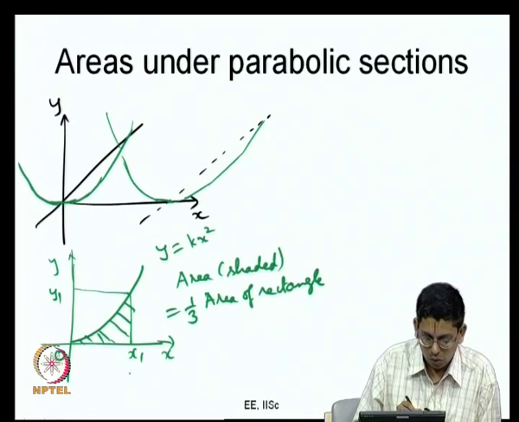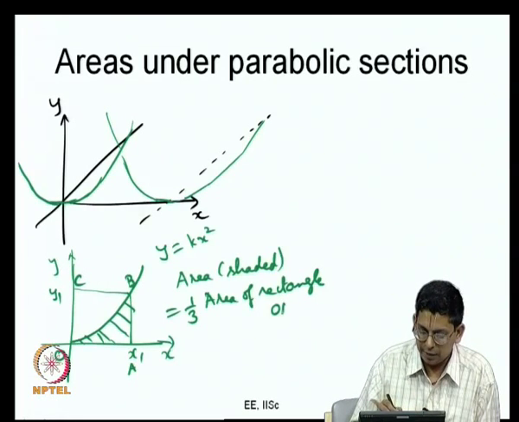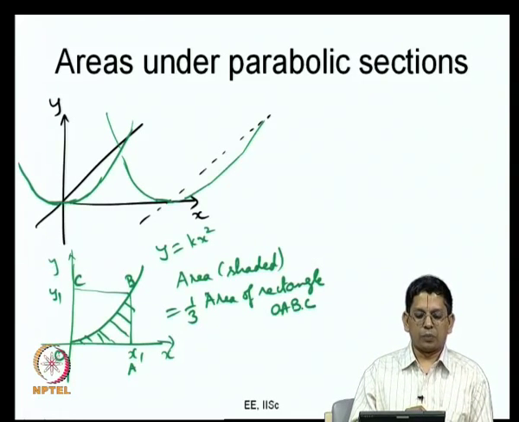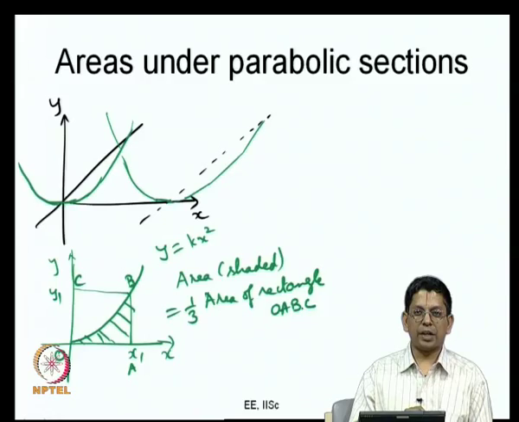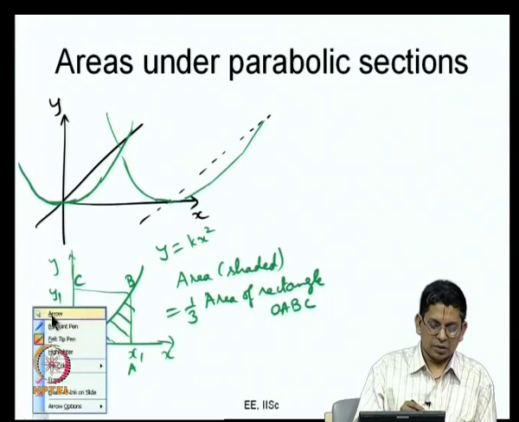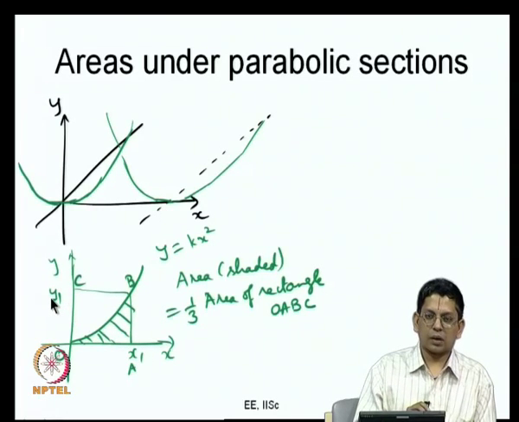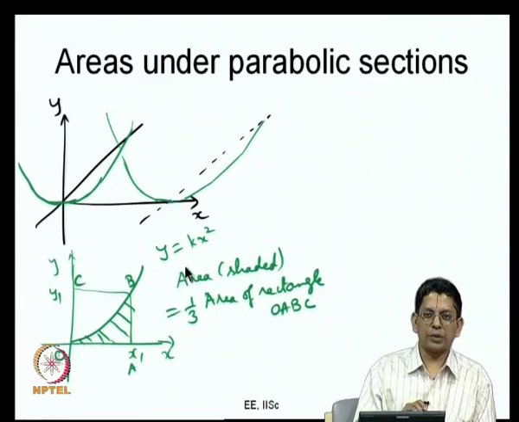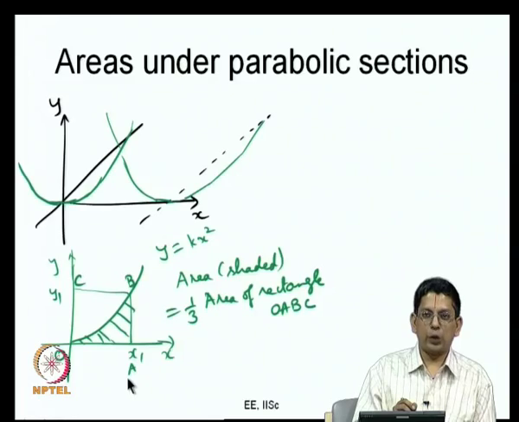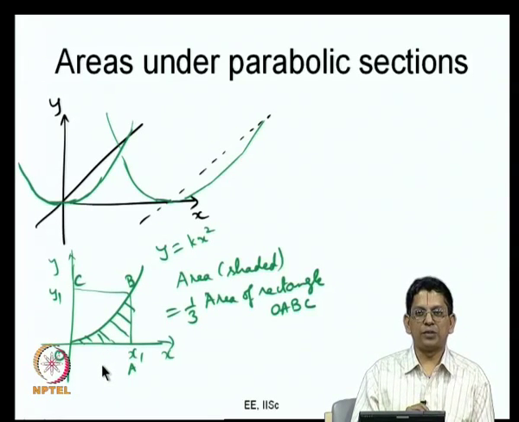Let us call the rectangle O, A, B, C. It is very easy to see: y is equal to x squared. If you integrate this, you get x cube by 3. Let us take the simple case of y equal to x squared, where this is x1 squared. So, the entire area of the rectangle is x1 cube, and the shaded area is x1 cube by 3. So, it is very easy for us to see that.